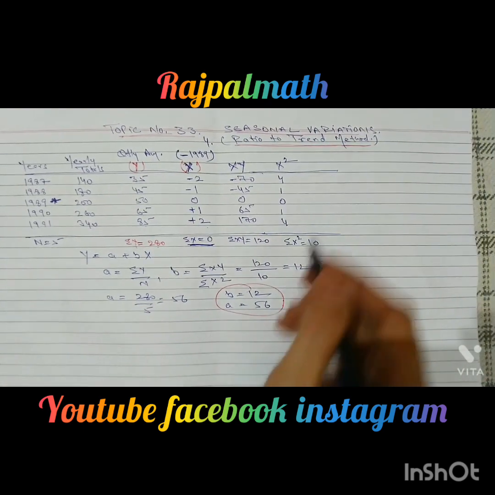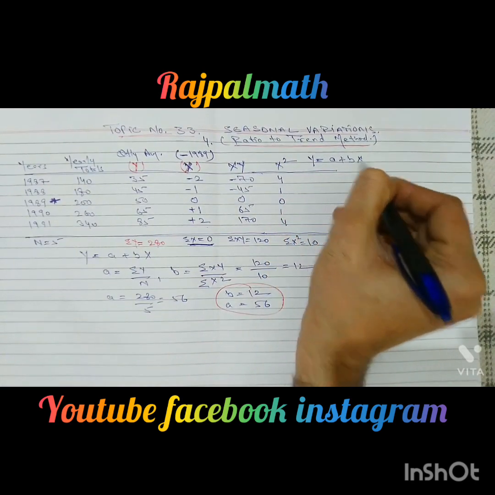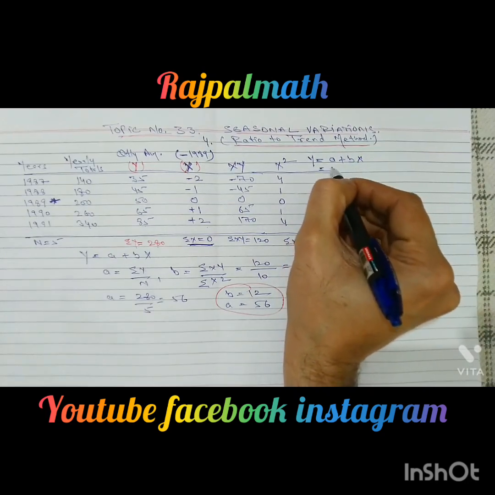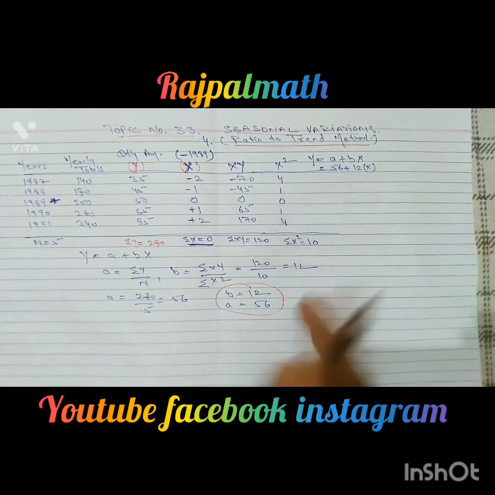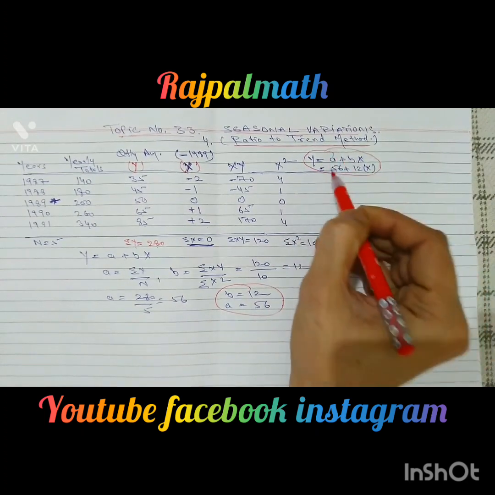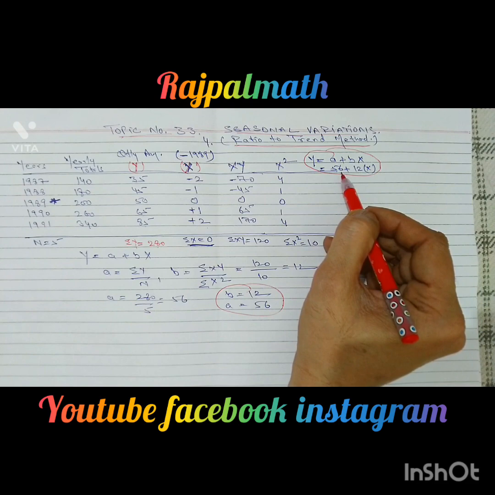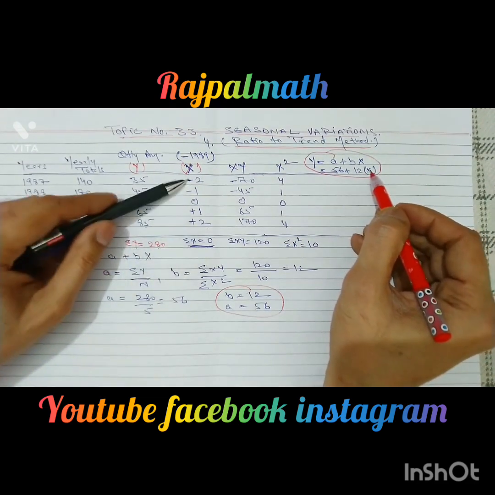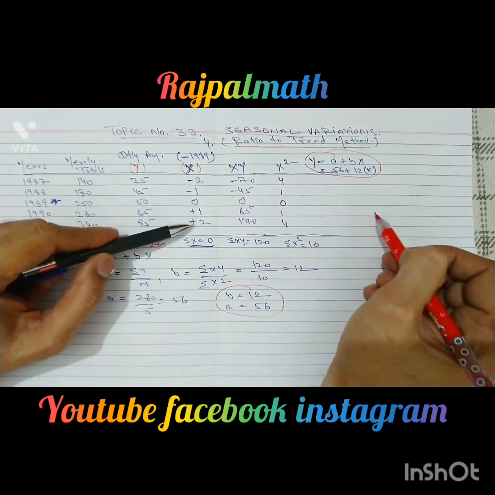So our trend equation becomes y equals a plus b x, which is 56 plus 12x. 56 is the value of a, 12 is the value of b. Now put the x values: -2, -1, 0, 1, 2.